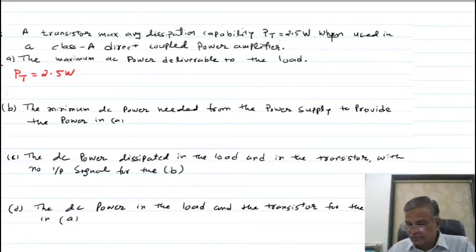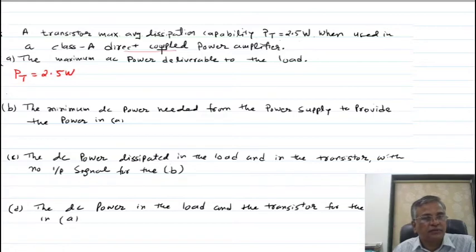Now, when it is used in a class A amplifier, here they have written direct coupled amplifier, which means they are talking about a resistive load amplifier.